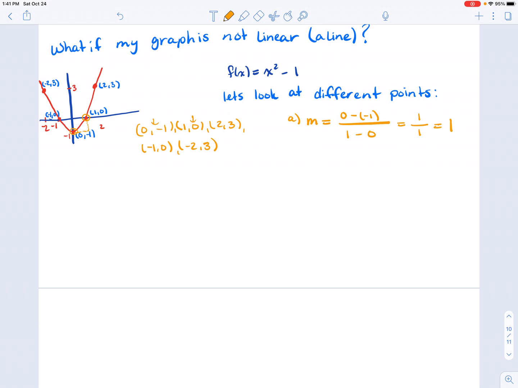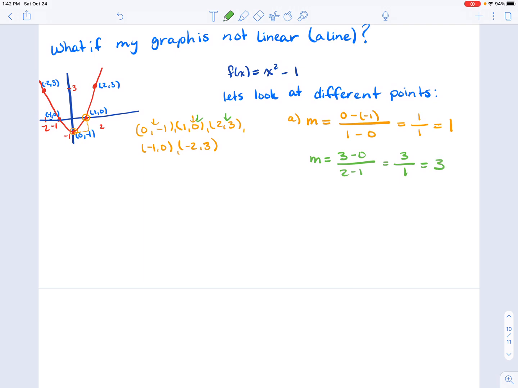Now let's look at this point and this point here. So (1, 0) and (2, 3). I can do this one in green. So I have 3 minus 0 divided by 2 minus 1. So 3 minus 0 is 3, 2 minus 1 is 1.